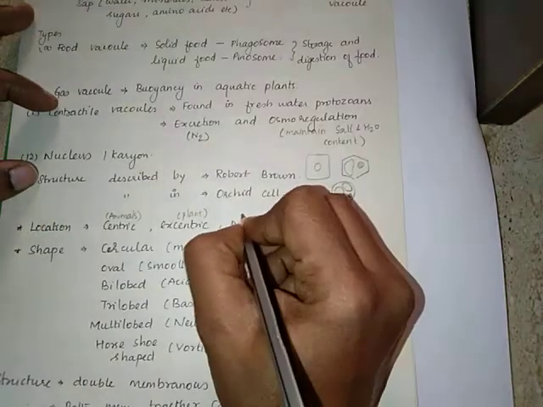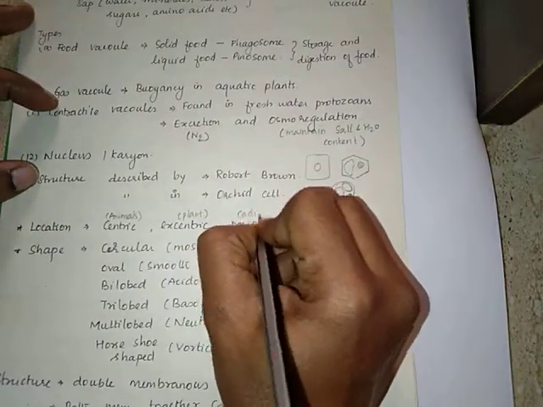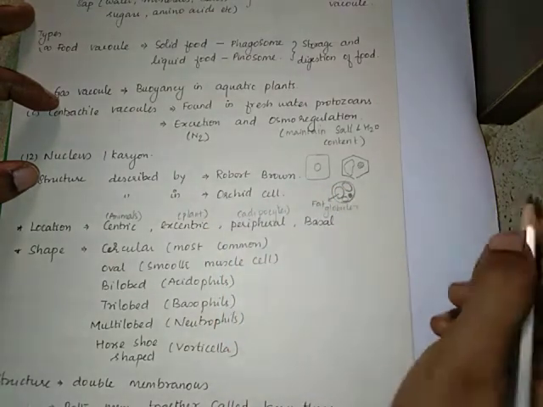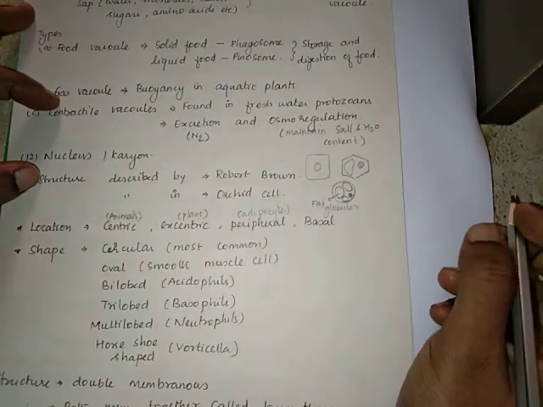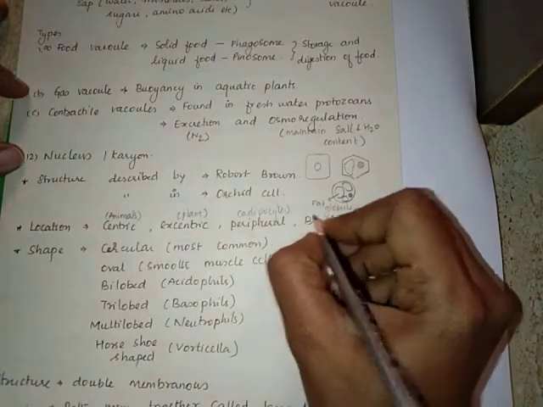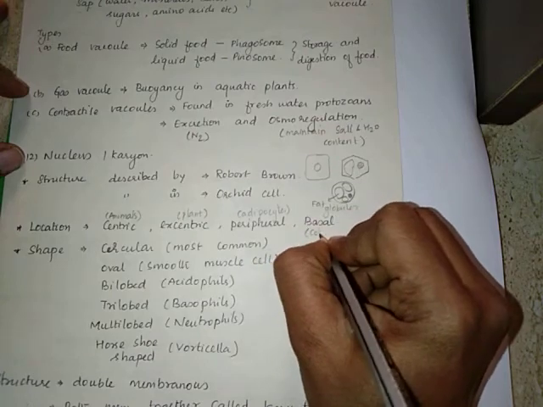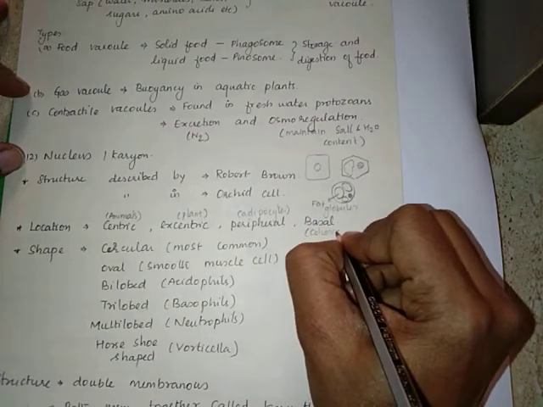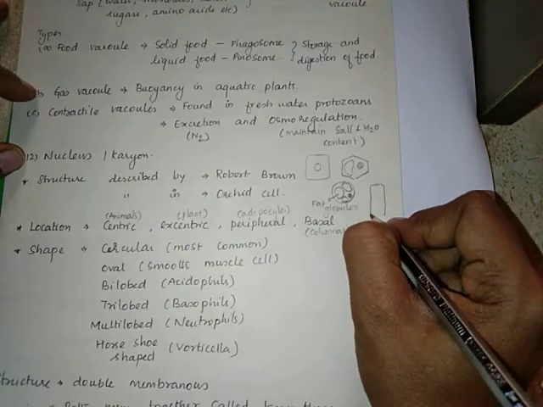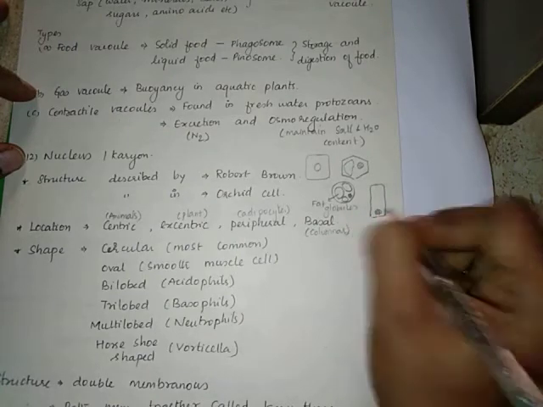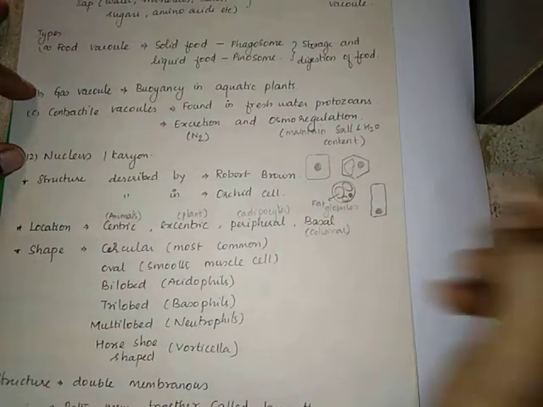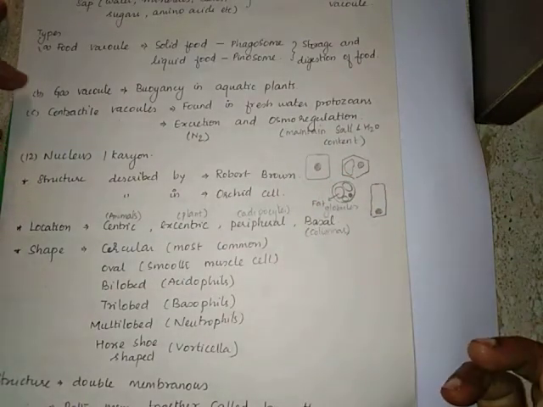So the example of peripheral nucleus is present in adipocytes, and fat globules push the nucleus to the periphery. And the next is basal nucleus. Basal nucleus is seen in columnar cells. Columnar cells are usually long, tall, pillar-like cells, and these cells would have their nucleus only at their base. So they do not have it at the center, they would always have it at their base. Such a nucleus is called basal nucleus.